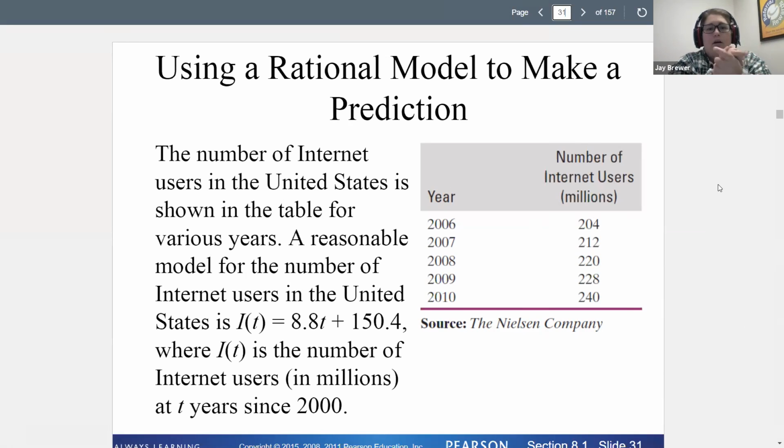All right. So here's what our application problem is for this chapter. We are talking about internet users. And the reason why I find this problem so highly amusing right now is because in both examples, both in the smaller section 8.1 by itself, and in this one, we're talking about internet usage and the millions of internet users in America specifically.